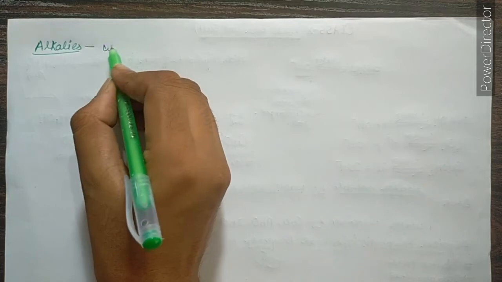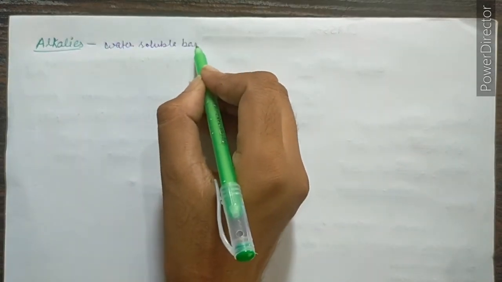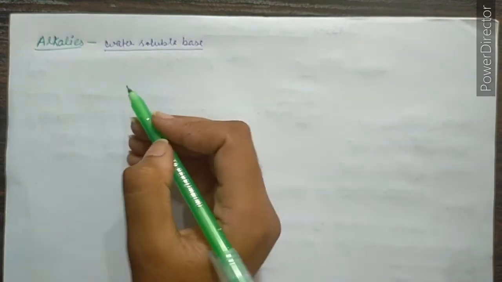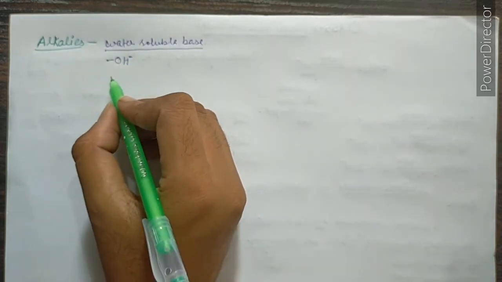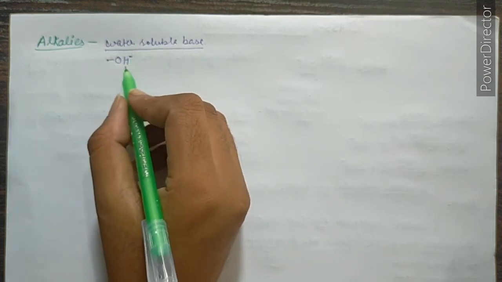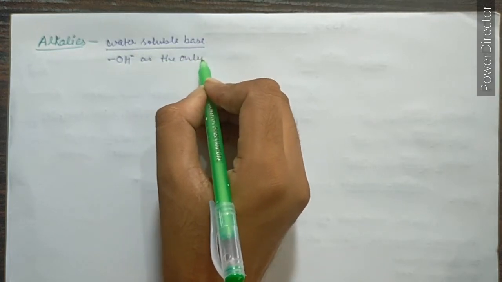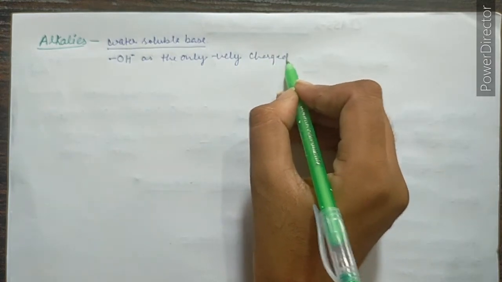Next topic is alkali. Most of the students are confused between alkali and bases. So an alkali is a water soluble base, which in aqueous solution gives hydroxyl ion as the only negatively charged ion.